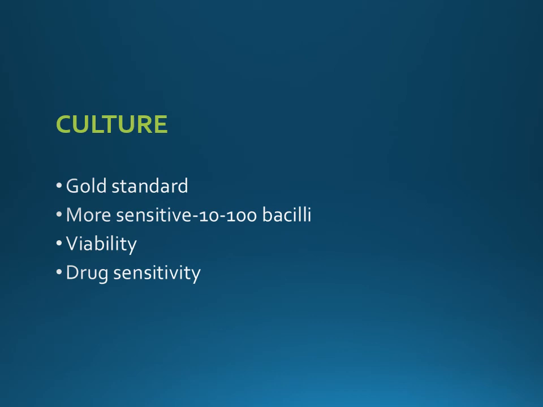But culture is more sensitive, as even if 10 bacilli are there, they can grow and they will tell you that the patient is positive for the TB disease. So even 10 to 100 bacilli it can detect, and it will tell you whether the bacteria are viable or not, whether they are dead bacteria, and we can also go for the drug sensitivity by this method.